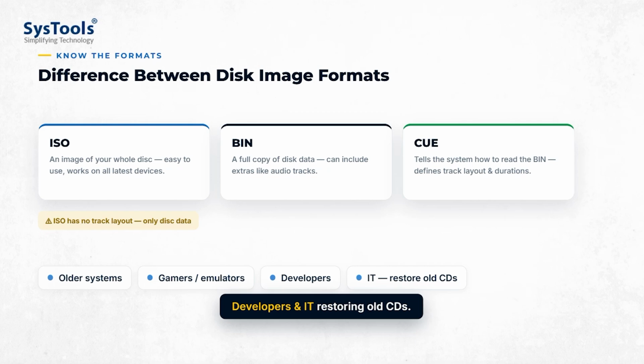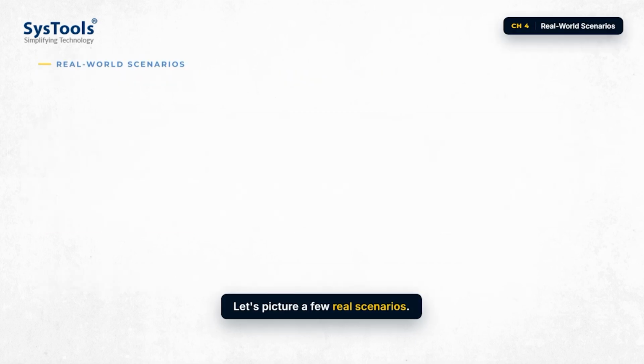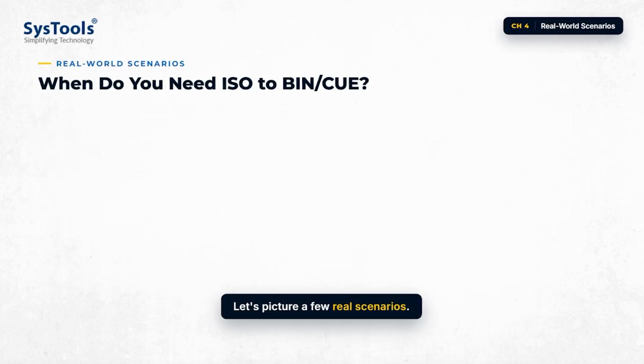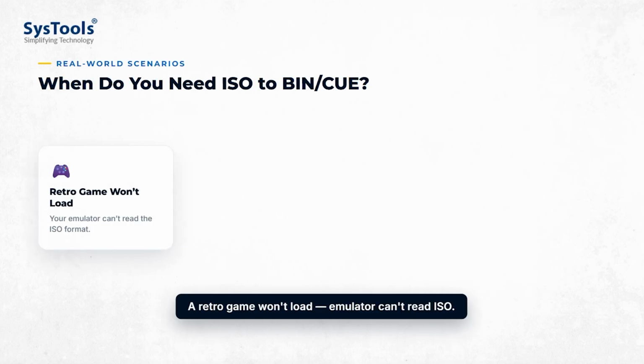So who needs this? Anyone working with older systems, gamers using older emulators, developers testing older software, and IT users restoring old CDs. Let's picture a few real scenarios. Scenario 1, a retro game won't load because your emulator can't read ISO.